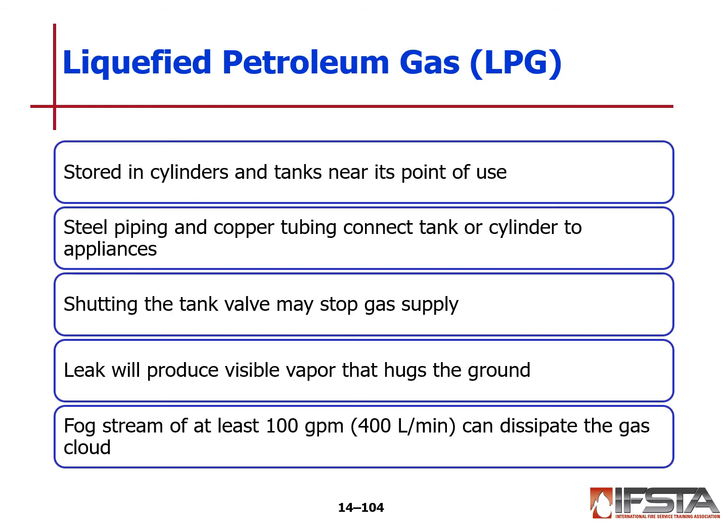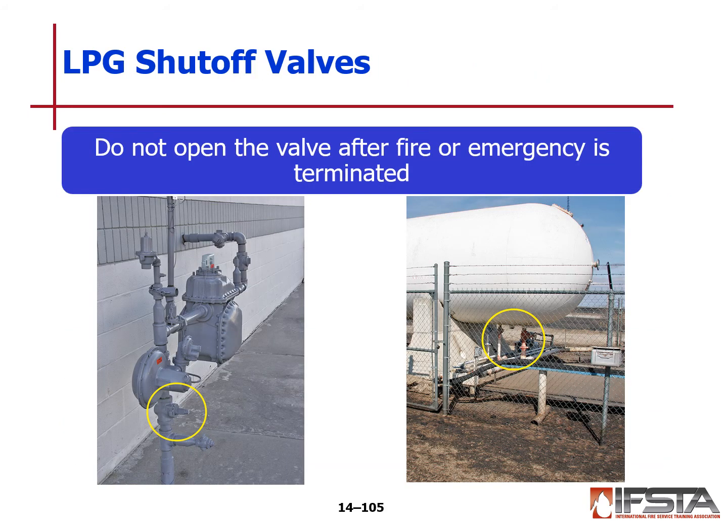Fog streams of at least 100 gallons per minute can dissipate the gas cloud. Shut-off valves for propane: do not open the valve after fire or an emergency is terminated. We want to leave our shut-offs shut down. Let the gas company or utility company then put things back in service.